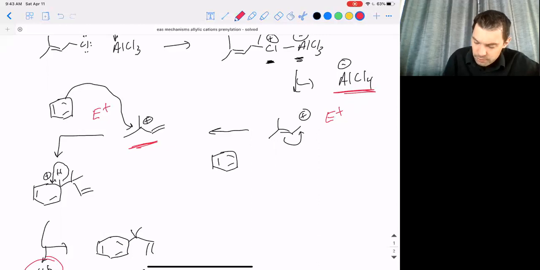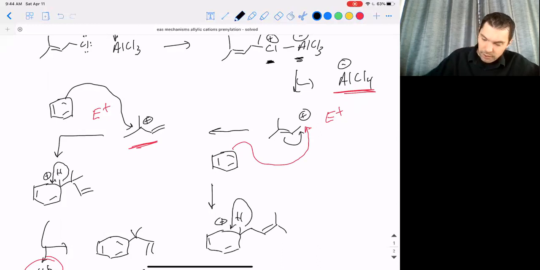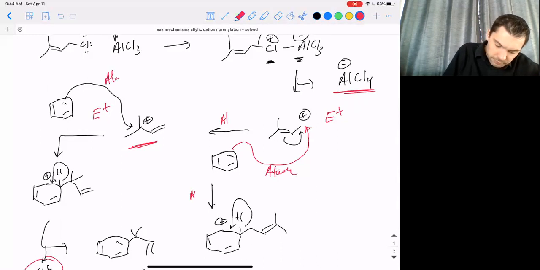Just so we don't get our arrows mixed up, I'll use this one in red. So we have that attack here. And now we can do that exact same arrow here. And I'll point out that this is the attack step here, and that's the same step over here.